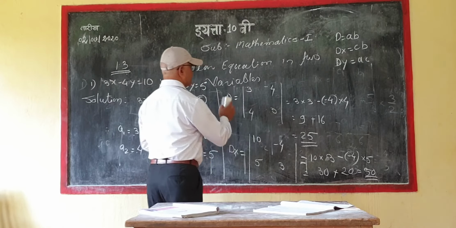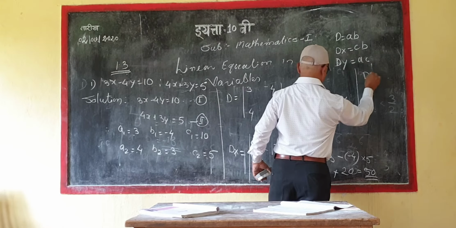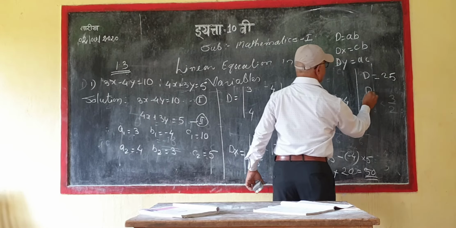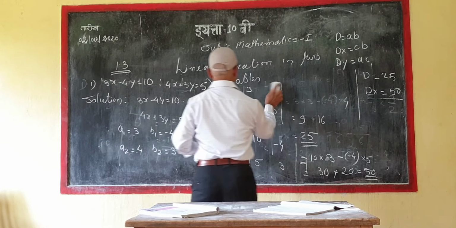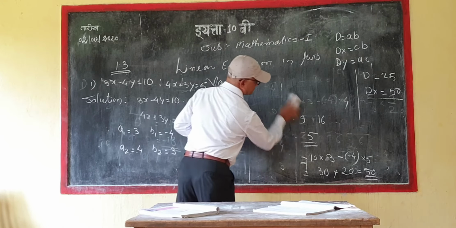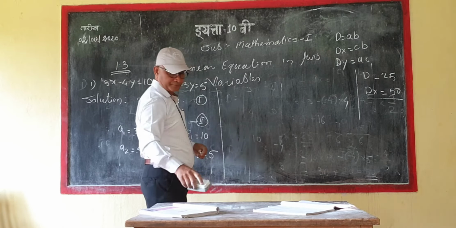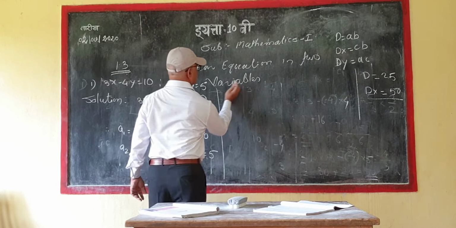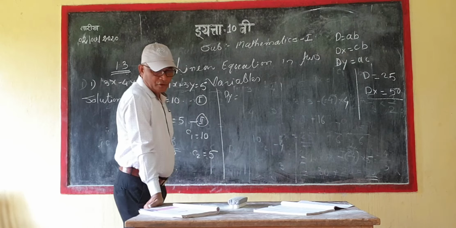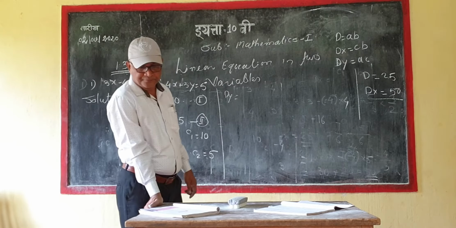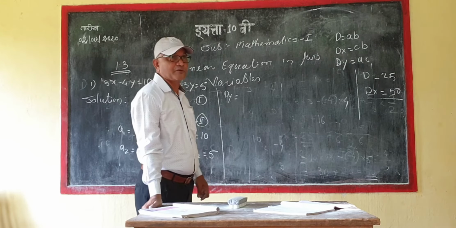Similarly, we can find d is equal to 25, dx is equal to 50. Remember this. dy is equal to the column of coefficient of y, b1 and b2 is replaced by c1 and c2.